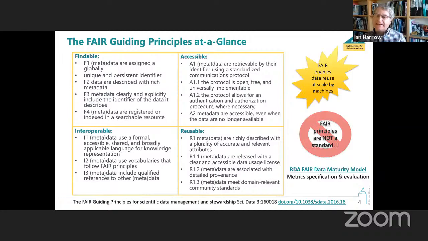That is the RDA FAIR Data Maturity Model. That's where you will find metrics, specification, and the means to evaluate in a very systematic manner. So that's the closest we are to a standard with FAIR at this point in time.